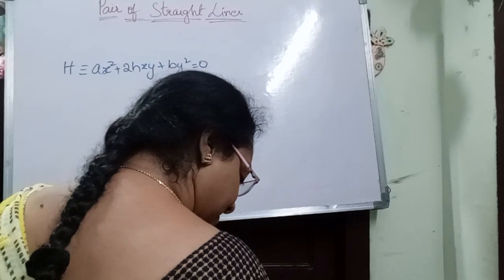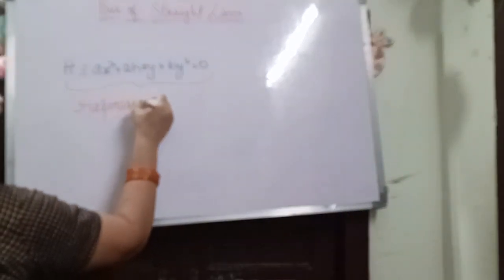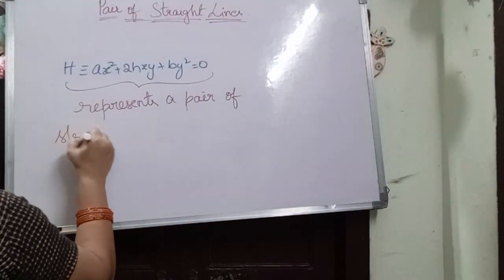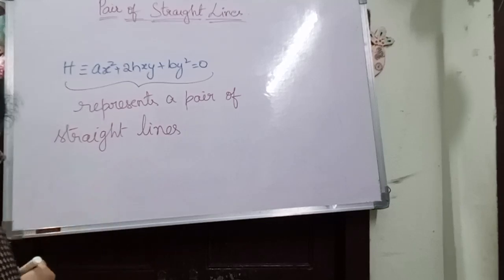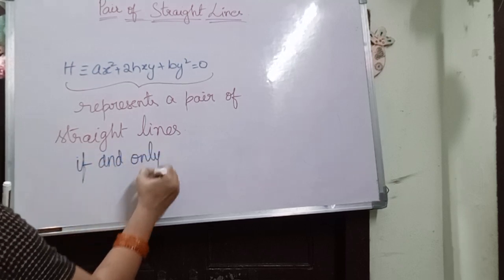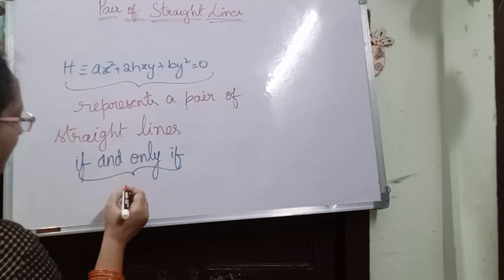Whenever a, b and h are not all zeros, the equation H equals 0 represents a pair of straight lines if and only if there is a condition.